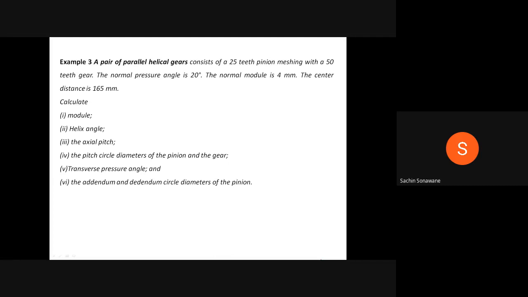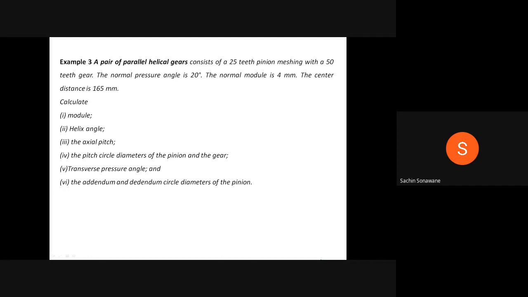A pair of parallel helical gears consists of a 25 teeth pinion meshing with a 50 teeth gear. The normal pressure angle is 20 degree. The normal module is 4 mm. The center distance is 165 mm.